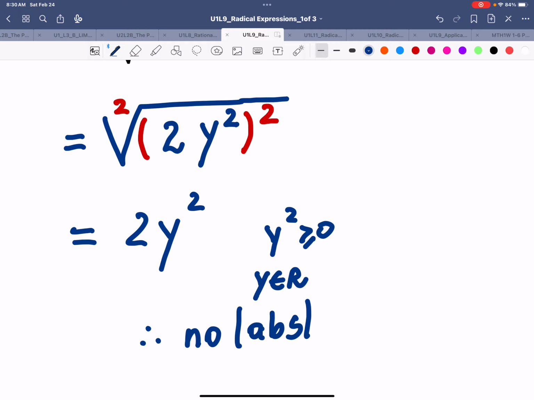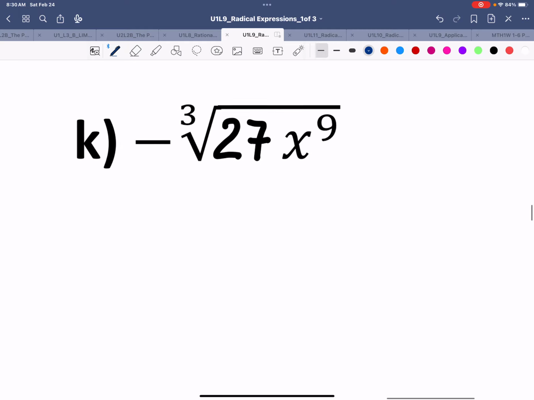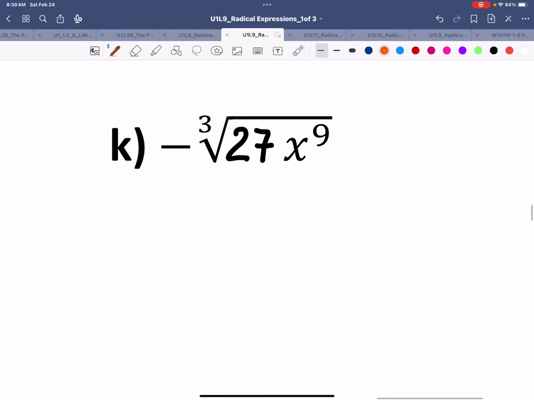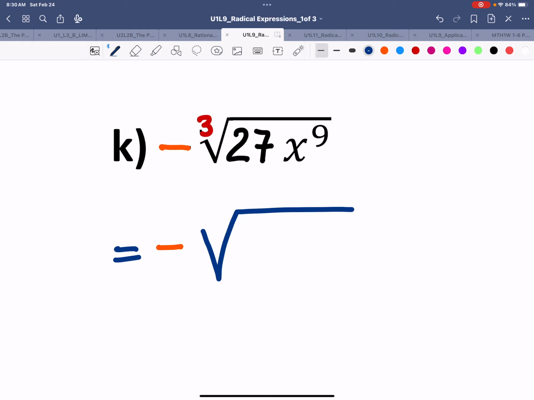Okay, so next we have a negative, so that's outside the radical. The third root of 27 x to the power of 9. So this time the root is odd. That means we don't have to worry about ensuring that the number that we take outside the radical stays positive.